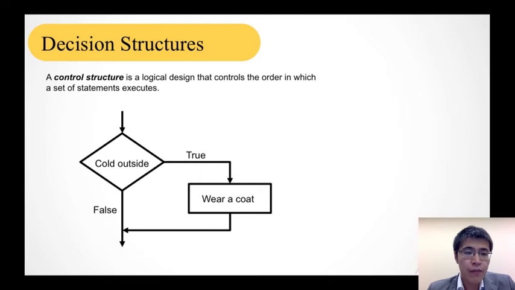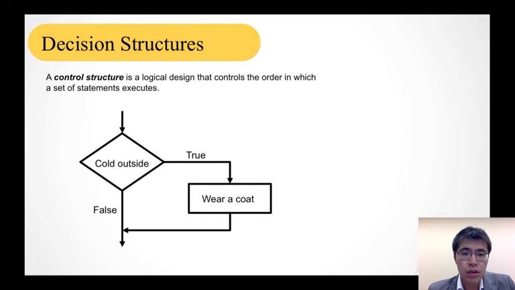If the weather is cold outside, this condition is true, you wear a coat. That's your action. So in this control structure, you made a decision whether or not to wear a coat depending on the condition, what the weather is like outside. If the weather is cold, you wear a coat.